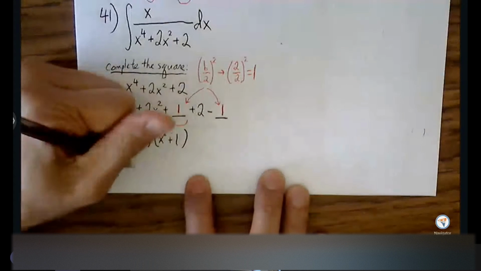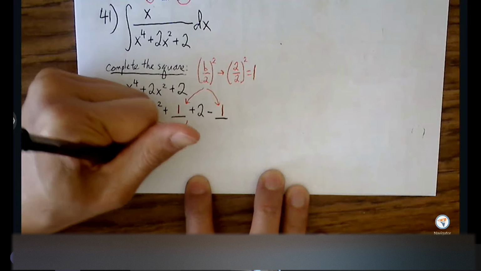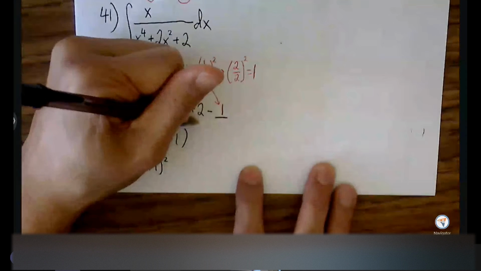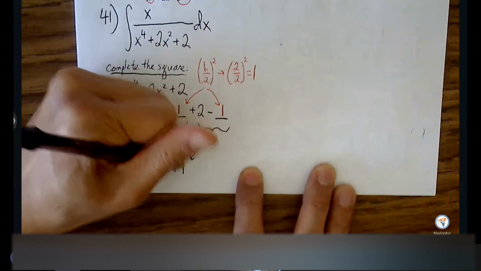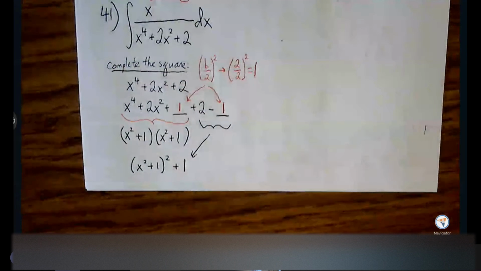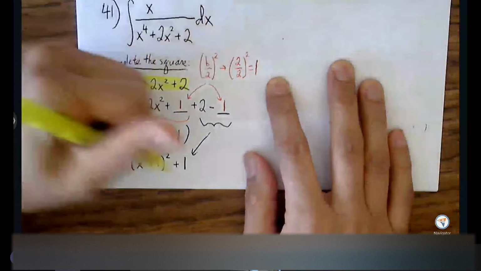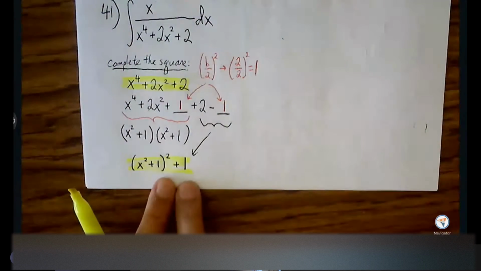Which combines nicely to be x squared plus 1 quantity squared. 2 minus 1 just gives us 1. So we started here, and now we're here, which is a lot more helpful to us.